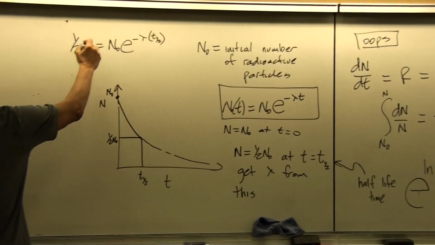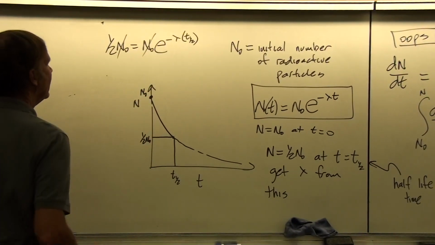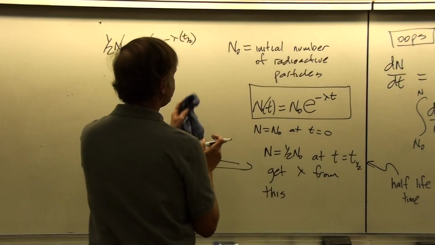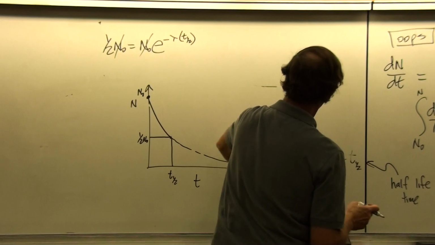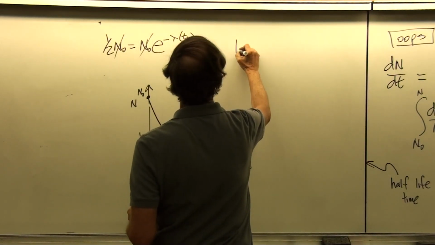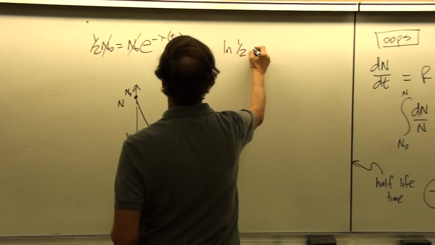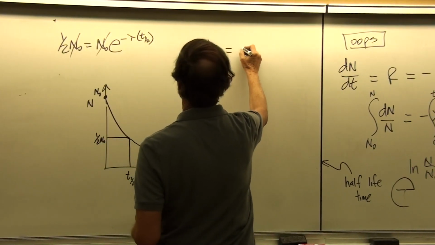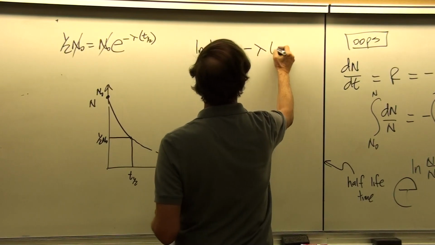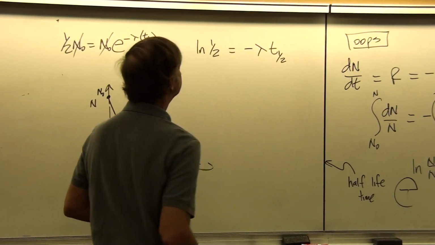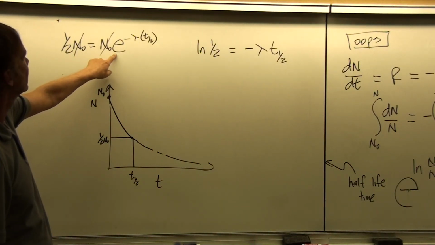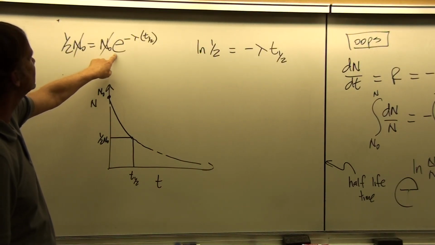Then we can cancel out the N naughts, and we get that the natural log of 1/2 is equal to minus lambda t 1/2. Okay, so here I just took the natural log of both sides of the equation.